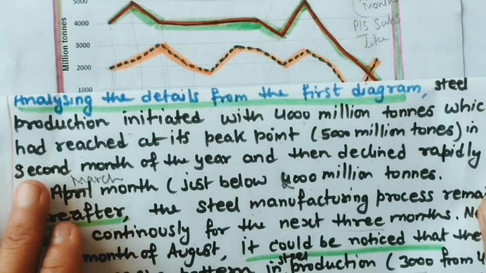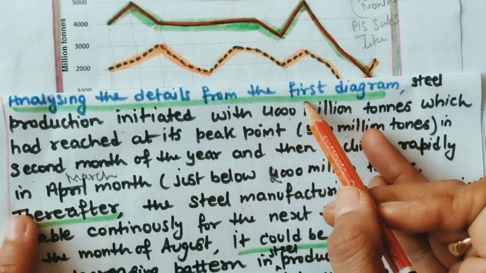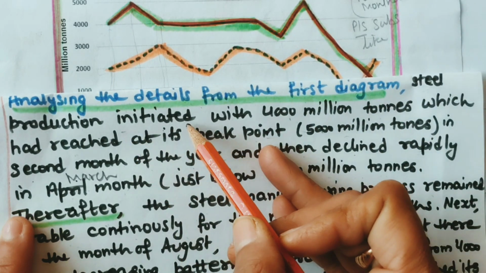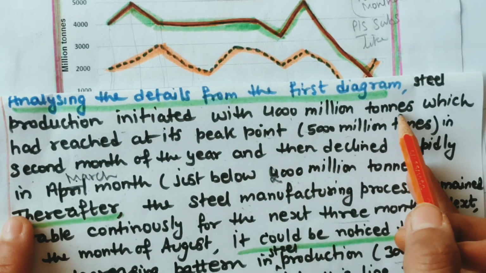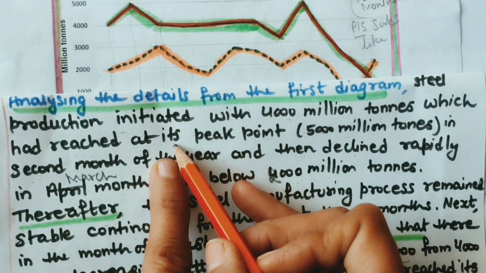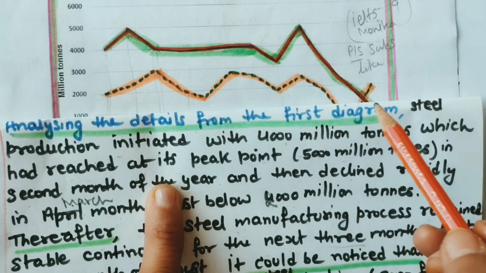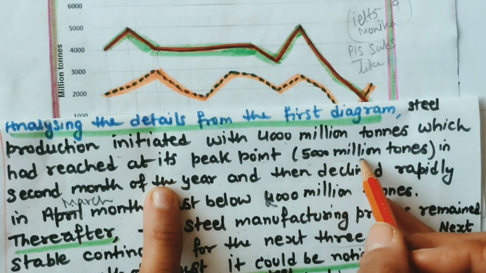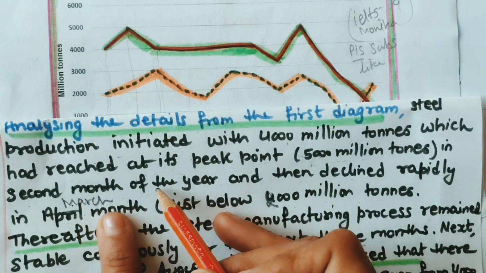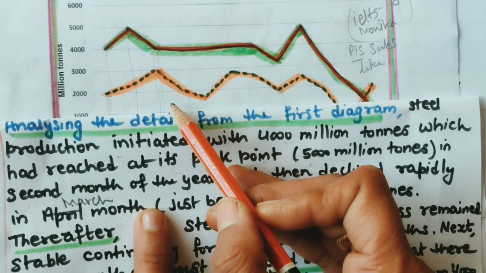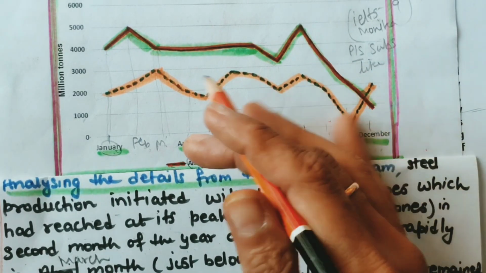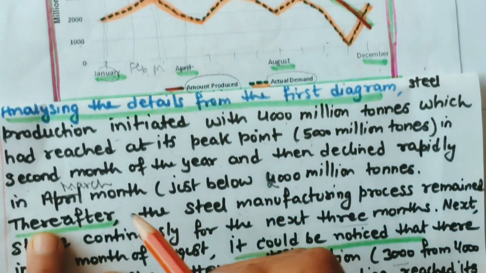Now look at this detail. Analyzing the detail from the first diagram, steel production initiated with 4,000 million tons, which reached its peak point. This is the peak point, okay, at 5,000 million tons in the second month of the year. Instead of writing February, I have written second month.